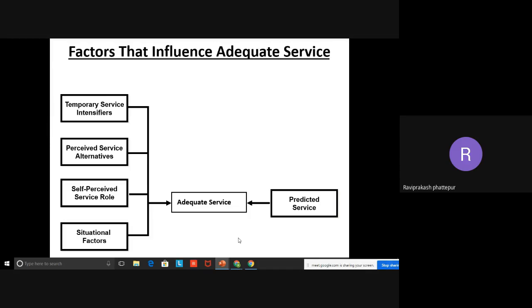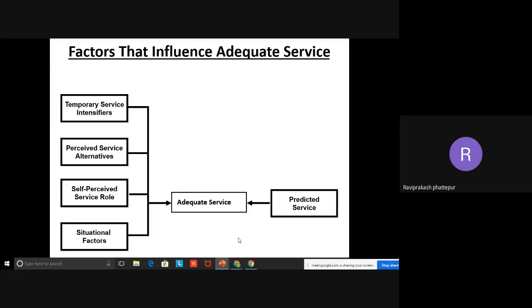They'll just make sure that the food is available at a particular place. You have to go, pick the plate, put whatever quantity of whatever dish you like, and start eating. So it is self-perceived service role. That means the role that the customer assumes so that he could get the service faster, or adequate service. So in service providing, even the customer has a role in it.